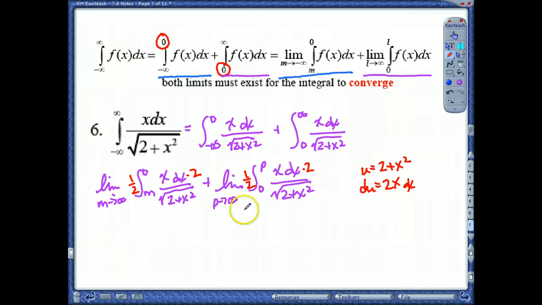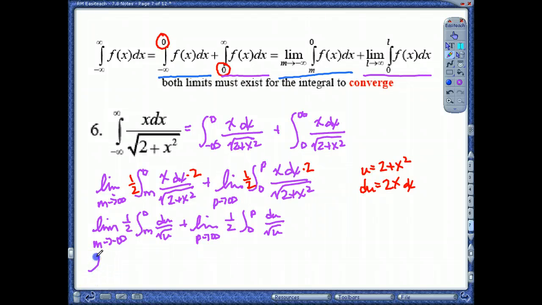I'm going to rewrite. And remember, since we are not changing our limits, we have to substitute back before we plug in our m's, zeros, and p's. So this is going to be du over the square root of u, or u to the 1/2 power down there. Same thing here, we've got the 1/2 power.